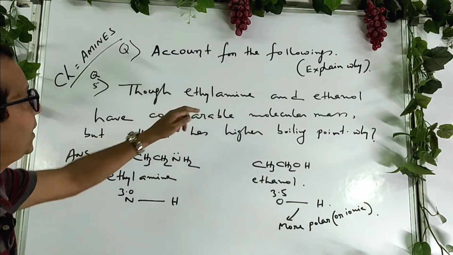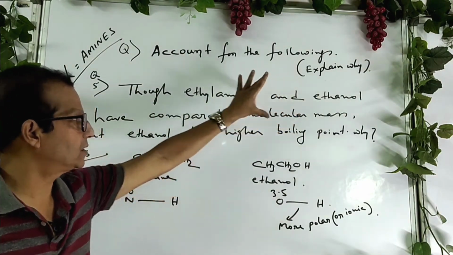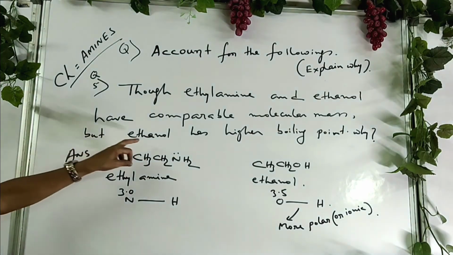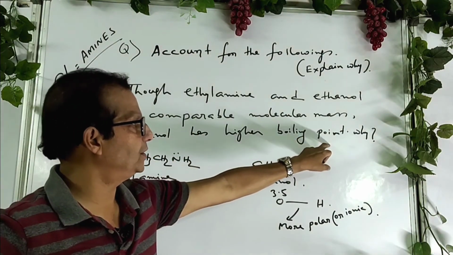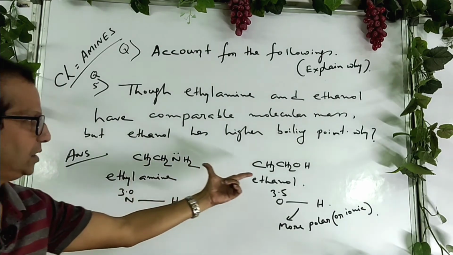Though ethylamine and ethanol have comparable molecular mass, that is nearly the same molecular mass, ethanol has higher boiling point. Why? This is ethylamine, this is ethanol.